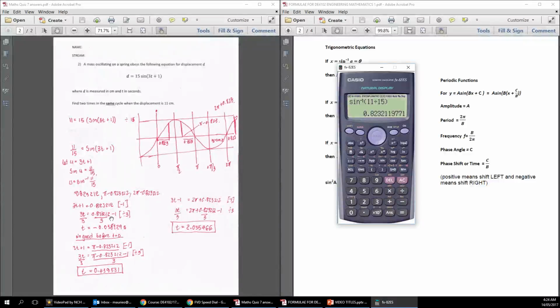And then we don't want 3t, we want 1t, so we divide through by 3, and that gives us t equals this thing here. Now we've got to do this calculation.